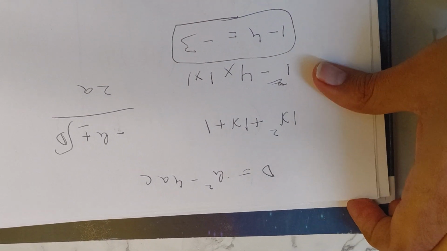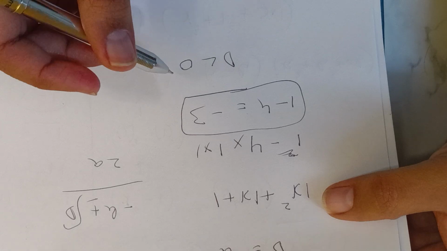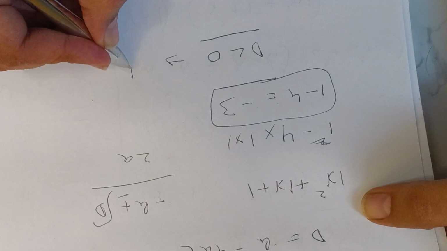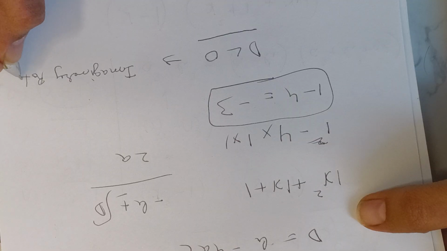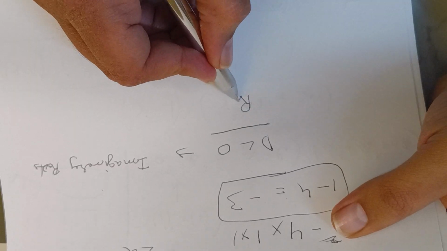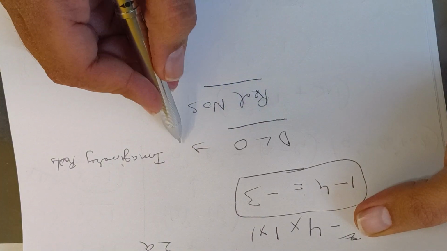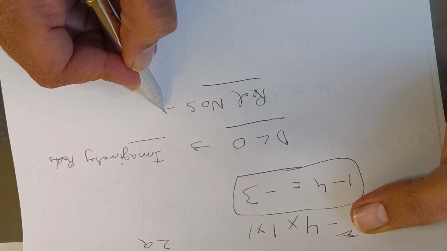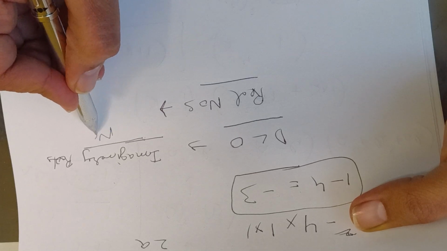So when d is less than 0, negative, this quadratic equation will have imaginary roots. When d is larger than 0 or equal to 0, we get roots which are real numbers. Here the d is less than 0, so we will not get real numbers. Real numbers include rational and irrational. So here we will neither get rational nor irrational. We will get imaginary numbers.